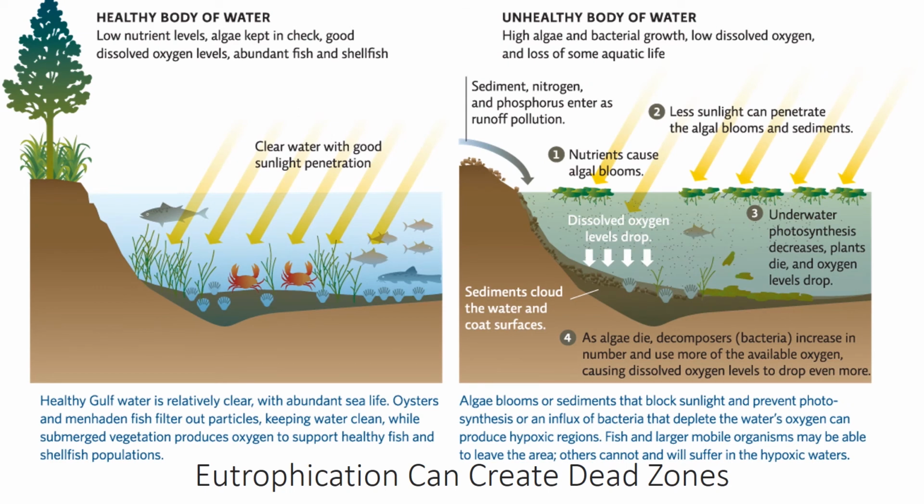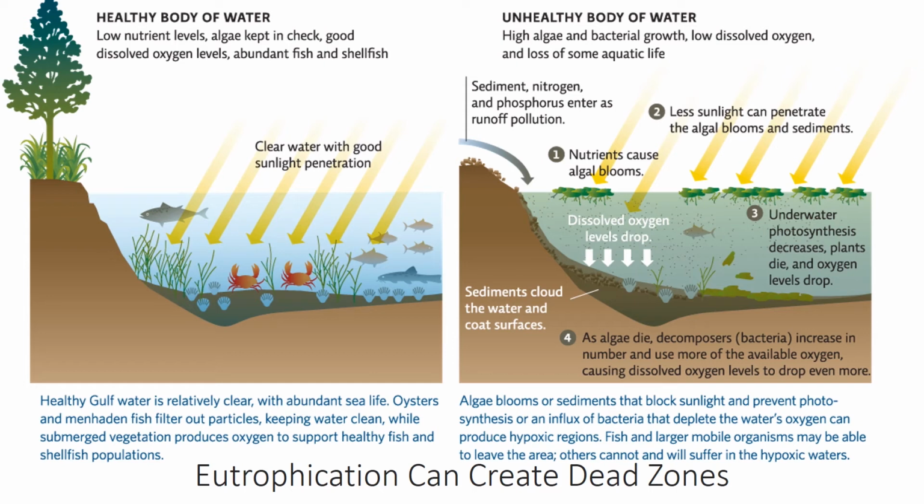And so here's a diagram on the left, sort of shows you that the water is clear, the crabs are happy, the clams are happy, the fish are happy, the plants are happy, right? But what happens when you have loading of nitrogen and phosphorus, principally from agricultural runoff and also sewage treatment plants?